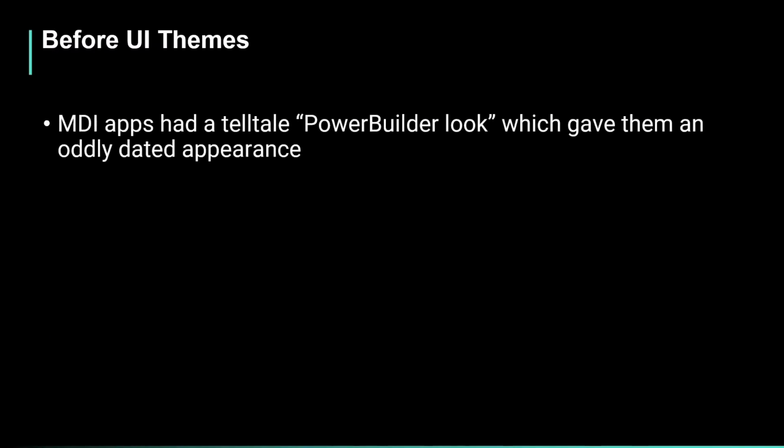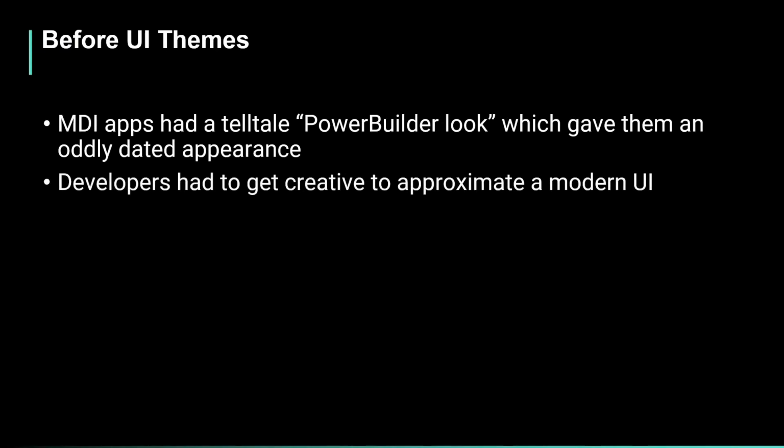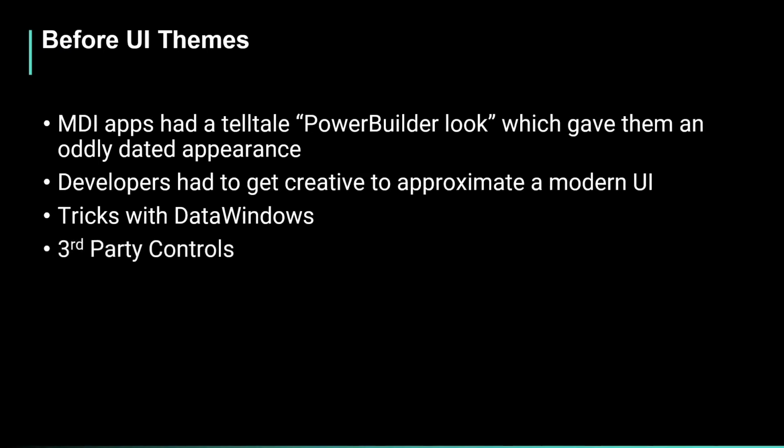Before UI themes, MDI apps always had a telltale PowerBuilder look, which gave them an oddly dated appearance. Developers had to get creative to approximate a modern UI. And if you do a search, there are all kinds of presentations about tricks you can do with data windows to enhance your application's UI. And many developers use third-party controls to modernize their app's appearance.